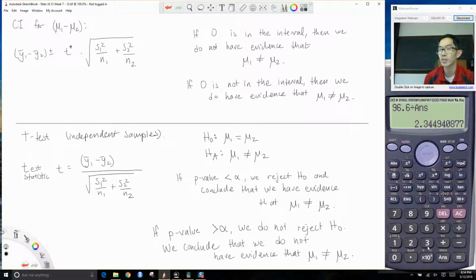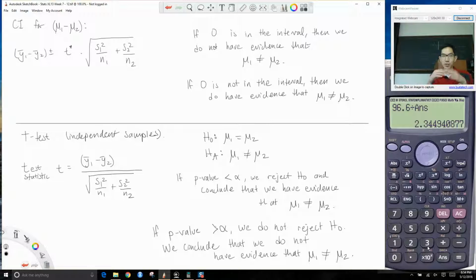Is this okay? So effectively, we're doing kind of similar things. We're asking, do population 1 and population 2 have the same mean, or do we have evidence that the means are different or not?